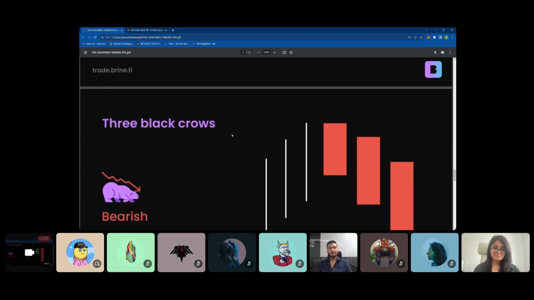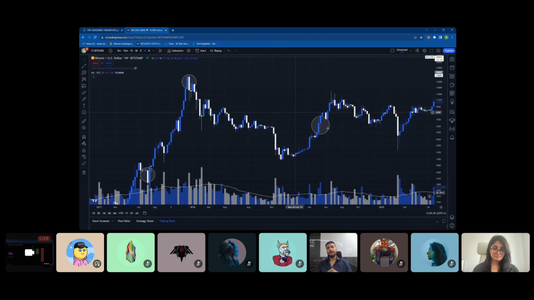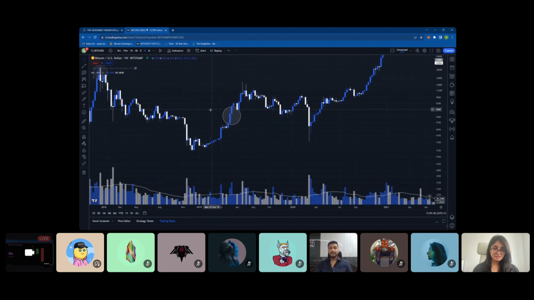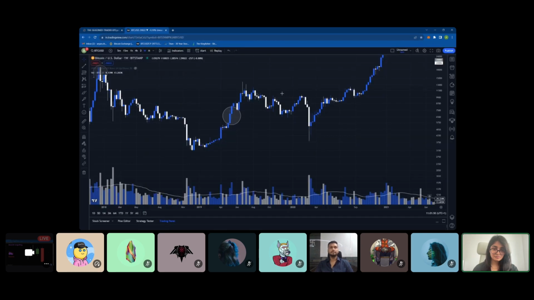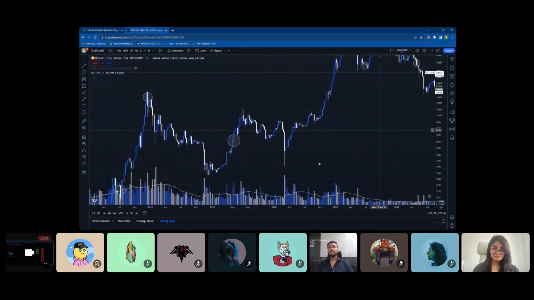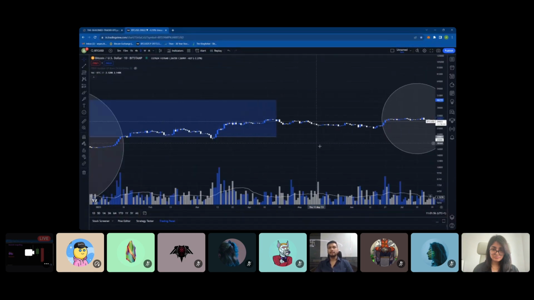Exactly. So just like the 3 white soldier pattern, we have the 3 black crow pattern. And in this pattern, what I want to see is medium volume here, and then I want to see increasing volume here. Let's try to find something. Yeah, I have it here in the daily chart, I think.